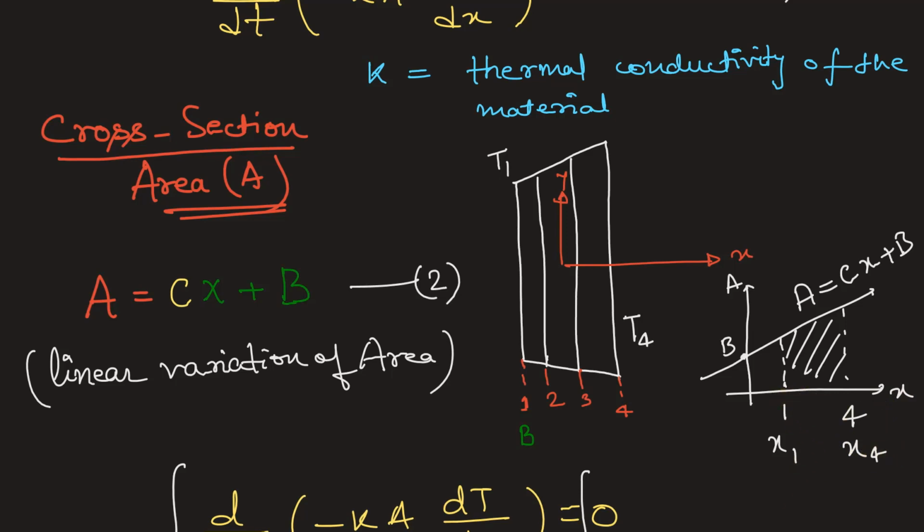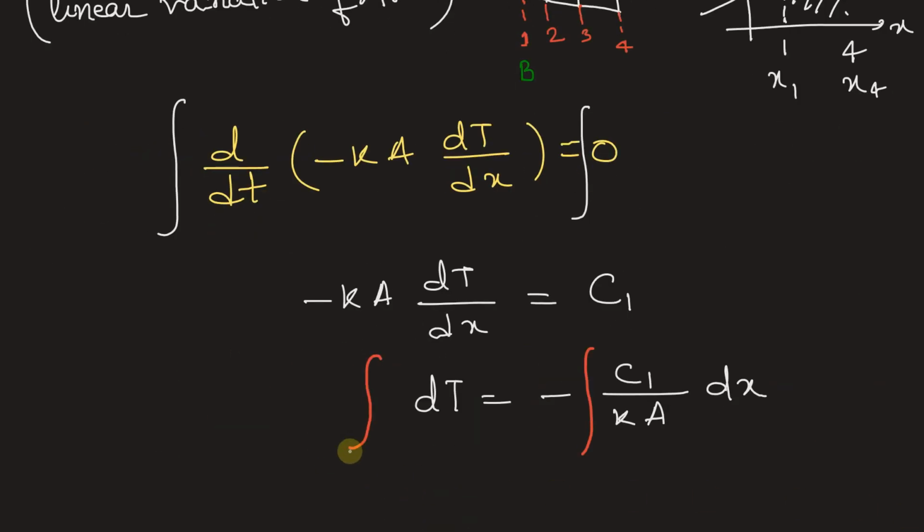So now let's put the limits here. Temperature will vary from T1 to T4, and the variation in the x direction is from x1 to x4.